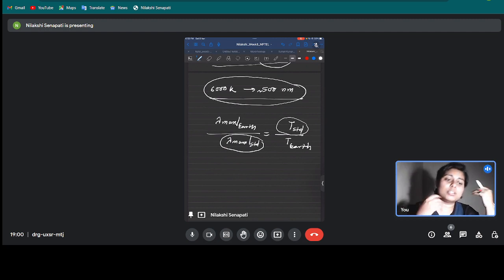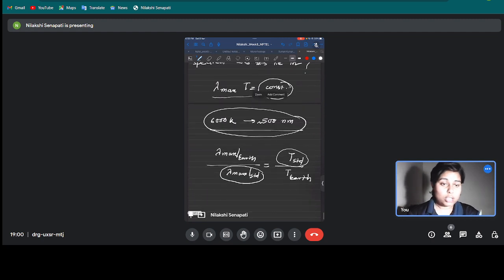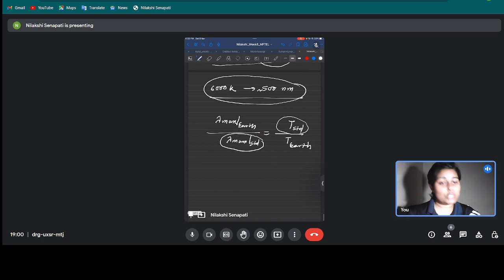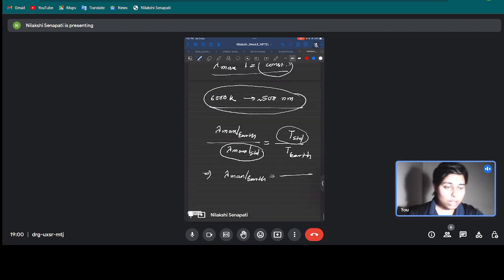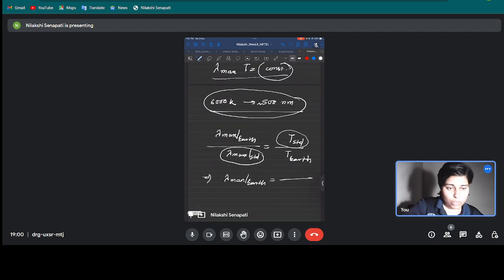These are few values you need to keep in mind, that if I don't remember the constant, I will directly compare, because ratio is a very important thing with which you can calculate many things. So if you know that, then you can find out the lambda max of Earth and T standard.